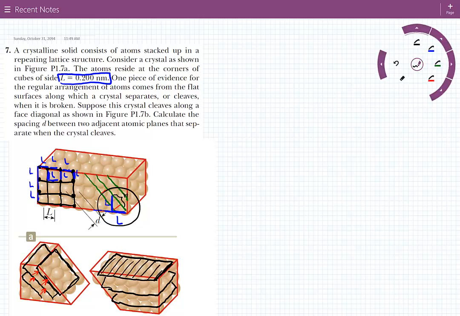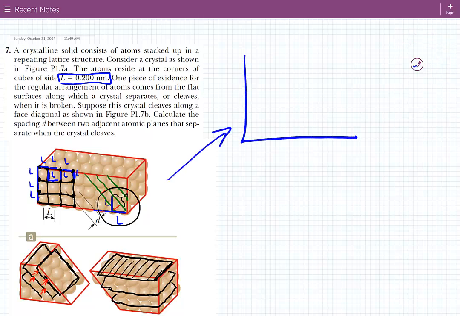So we can bring that out here and blow this up. And the green will be the hypotenuse.